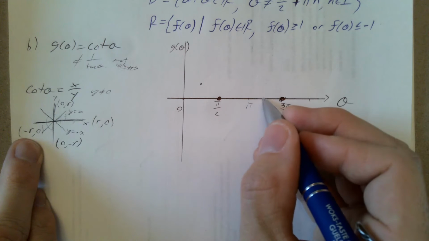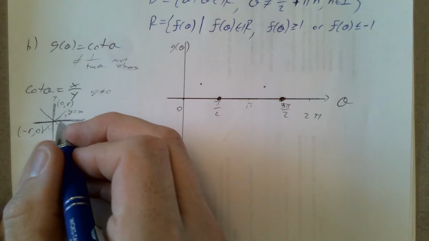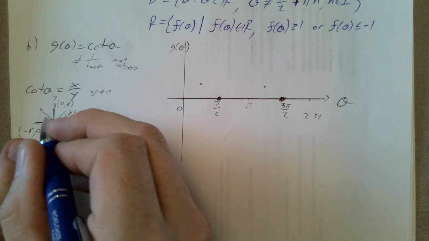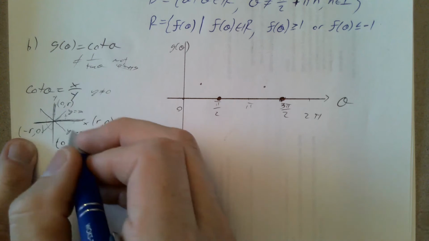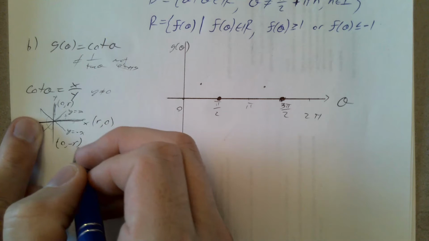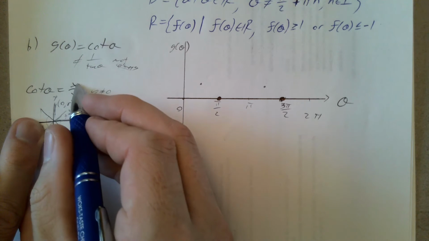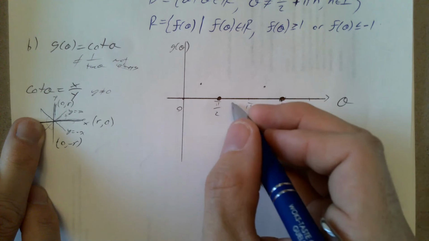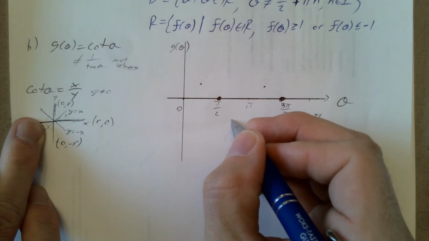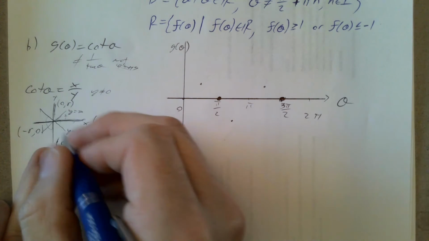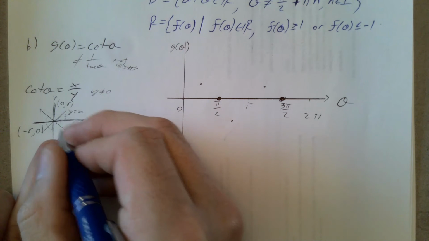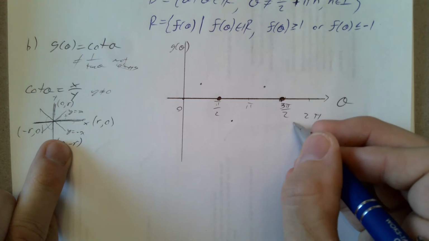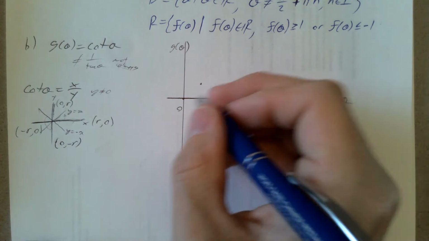I'm going to be passing through 3 pi by 4, comma negative 1, because the ratio of x to y is going to be negative here. I don't need the CAST rule to tell me that. I know I'm on the line y equals negative x. So the ratio of x to y is going to be negative 1 at 3 pi by 4. And the ratio of x to y is going to be negative 1 again at 7 pi by 4. That gives me a little bit more information.